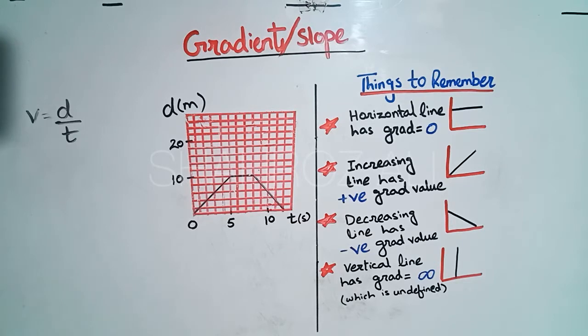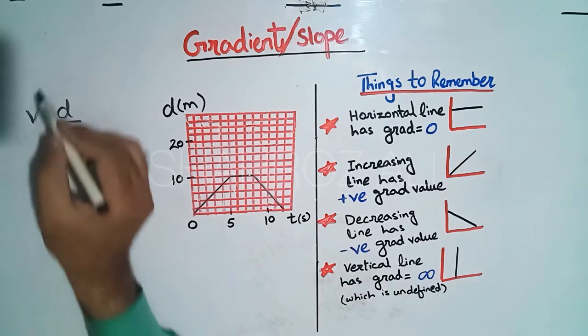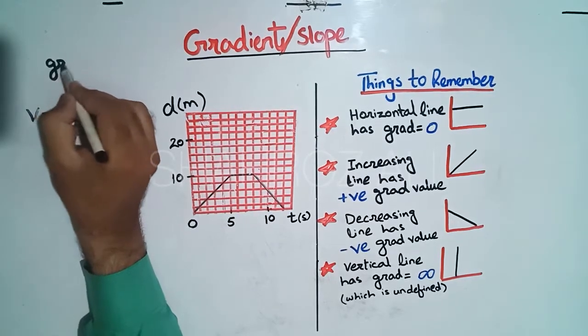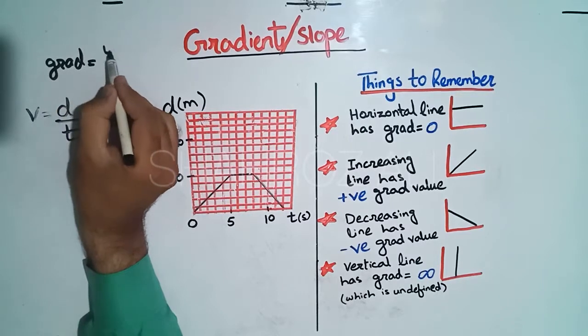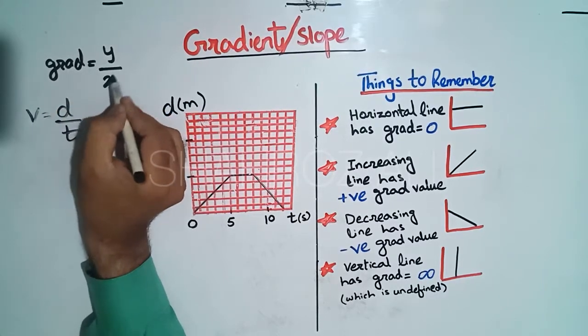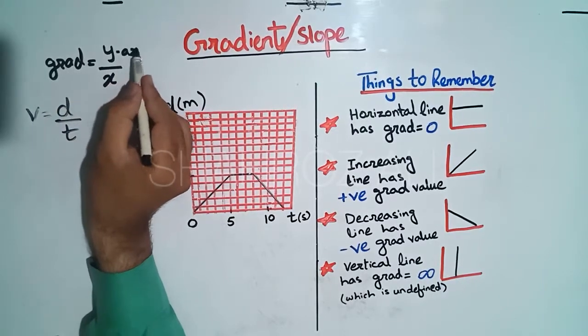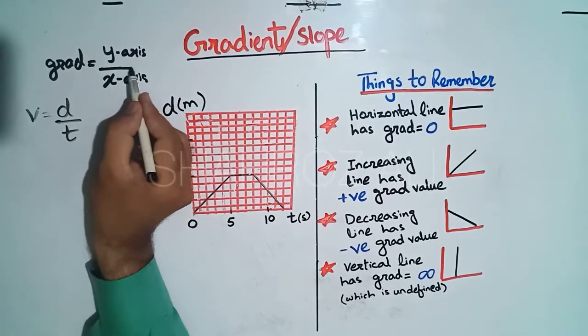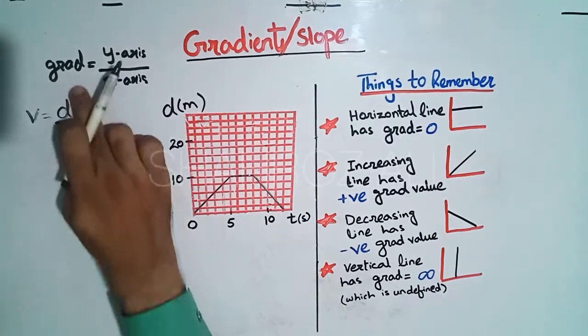The formula of the gradient is: gradient equals y over x, which means y-axis divided by x-axis. By the help of this formula you will find the gradient.